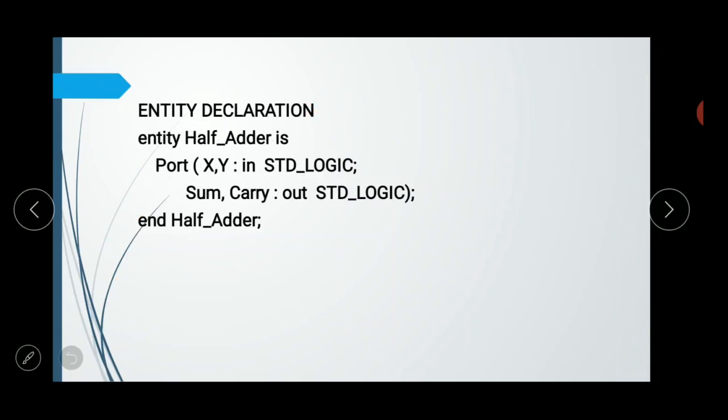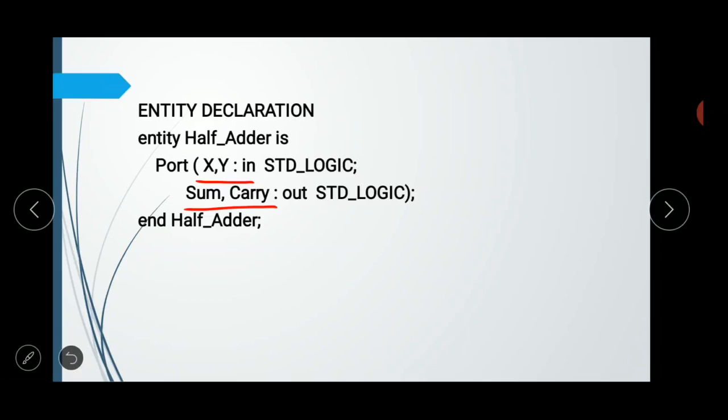Next is the entity declaration. Entity defines input output connections of the digital circuit with which it can interact with other circuit. So it declares the number of inputs given to the circuit and the number of outputs taken out from the circuit. So here X, Y are the inputs and sum and carry are the outputs. Also, it declares any intermediate signals that are used within the circuit.